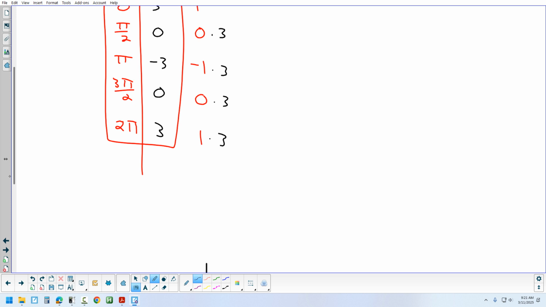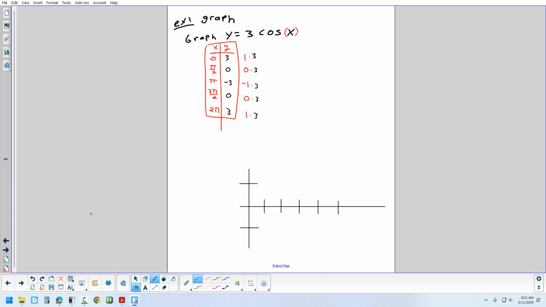Now, for the sketch, because I am scaling this, what could happen is if I multiply by a big number, I could go off my graph paper, if I go by ones. So when I do a change in amplitude, I generally don't go by ones. I don't want to have to get a piece of paper 3 times as big. So I'm going to change the scale on my y-axis.